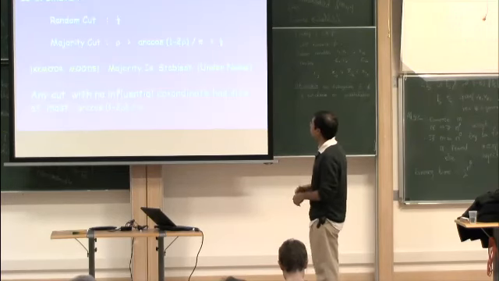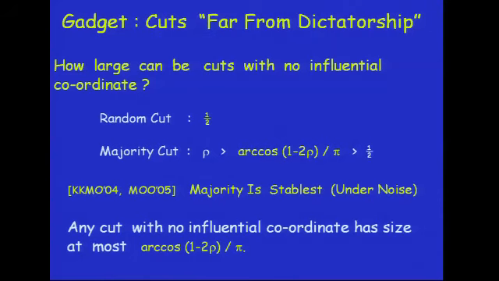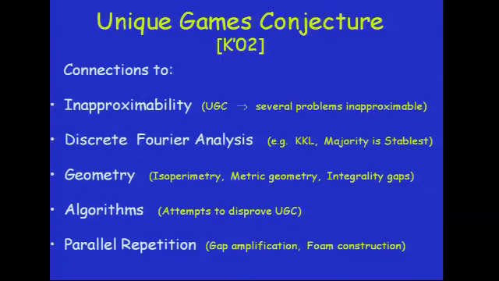There are similar reductions for many other problems, and for different problems, one uses different Fourier analytic theorems. For this particular one, we use Majority Is Stablest. There are applications of many Fourier analytic theorems, such as a theorem of Kahn-Kalai-Linial, there is one by Friedgut, there is one by Bourgain, and so on.